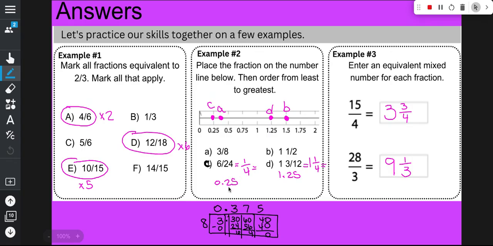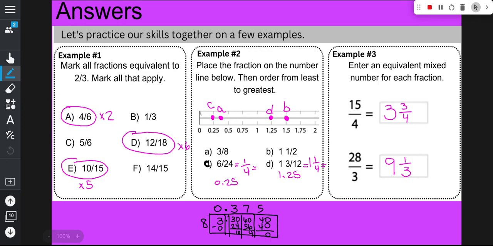And I know that 1/4 is the same as a quarter, so that's 0.25, so C goes there. And then again, for number D, I can simplify my fraction, so I would have 1 whole and 1/4. And again, I know 1/4 is 0.25, so 1.25, and I would put my D there.